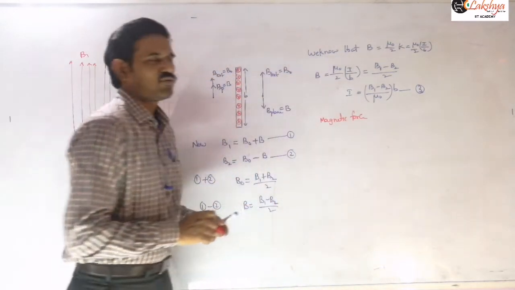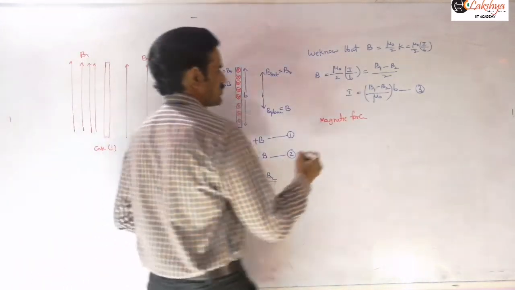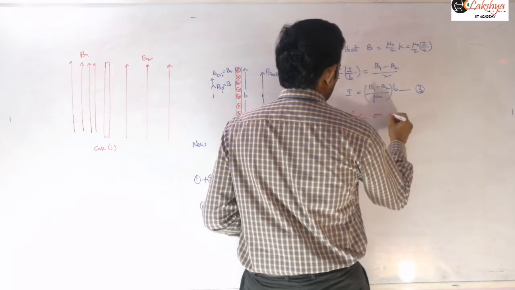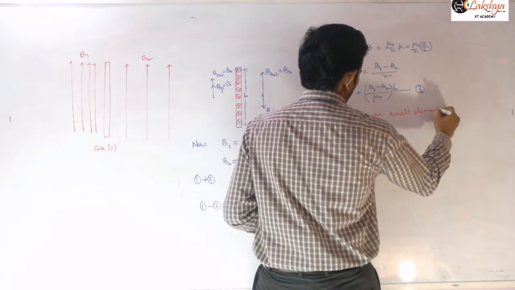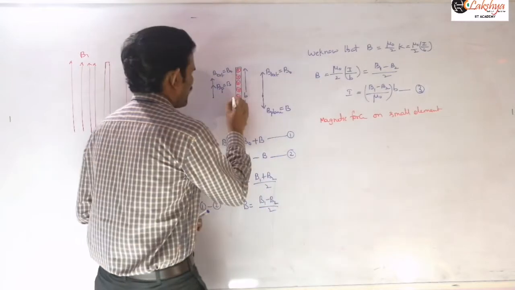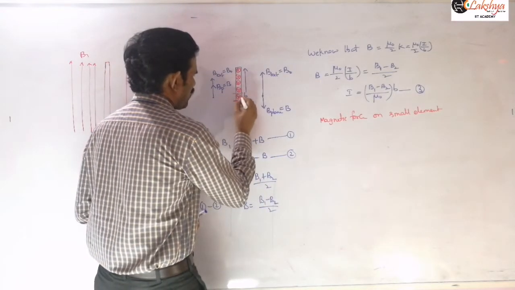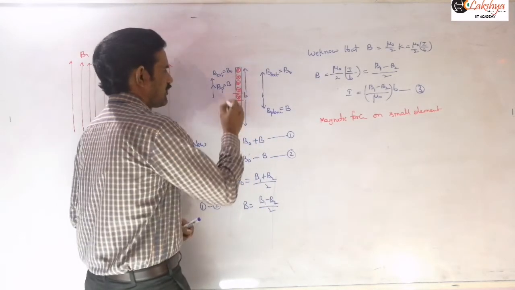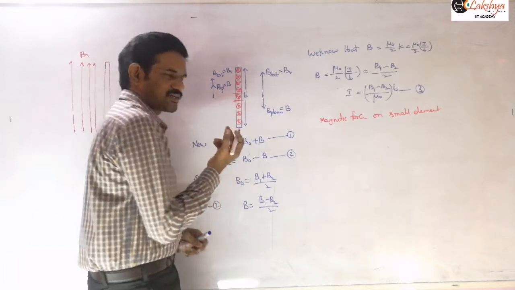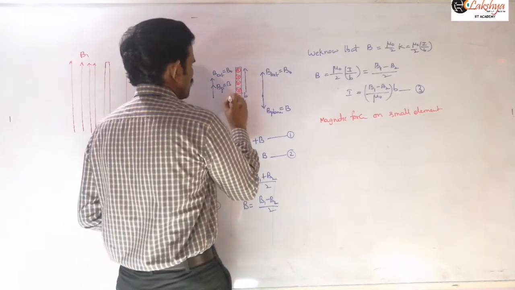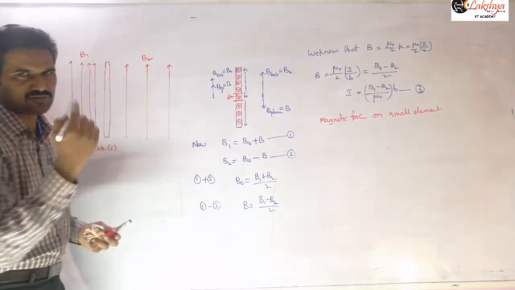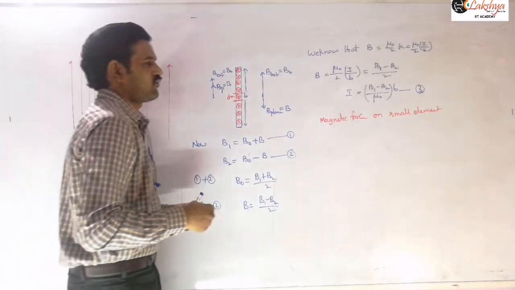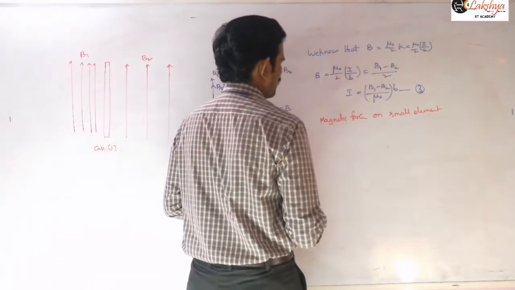So for the magnetic force, for a small element, let us take a small element of this plane, of say length some dx, let us consider there, right? So that means this width I am taking as some dx, and length will be L. And now the force acting on that small element we are writing here.